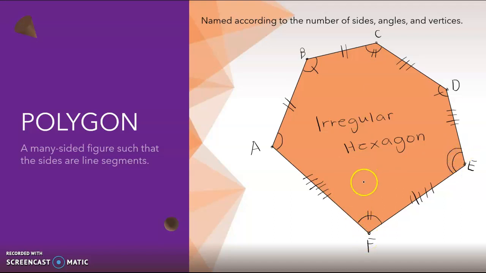So here, angle B and angle D are the same size. Angle C and angle F are the same size. Angle A is not the same as any other angle, and angle E is also not the same.